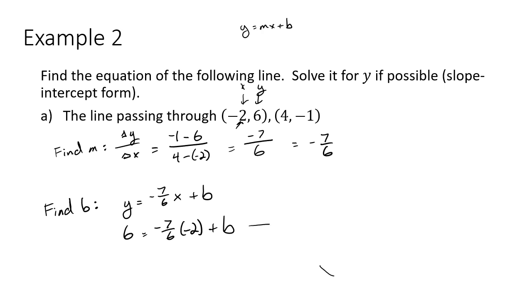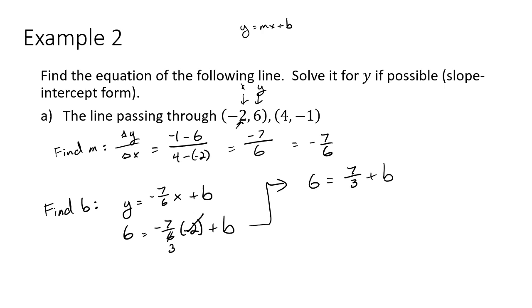So let's see what happens. I'm going to simplify that m times x really quickly. This is a negative times a negative, so it will become a positive, and the 2 will reduce with that denominator of 6. So this is a positive 7/3 plus b.